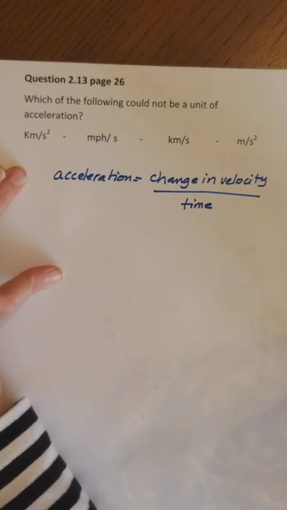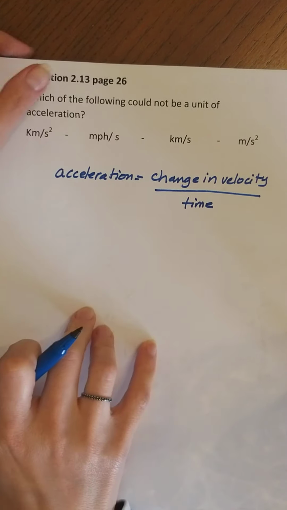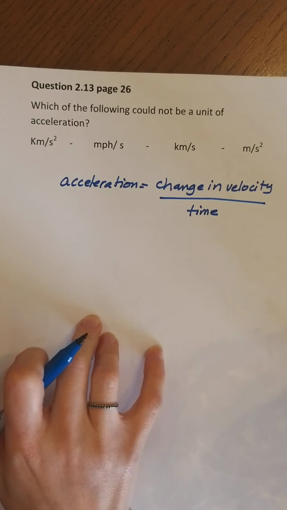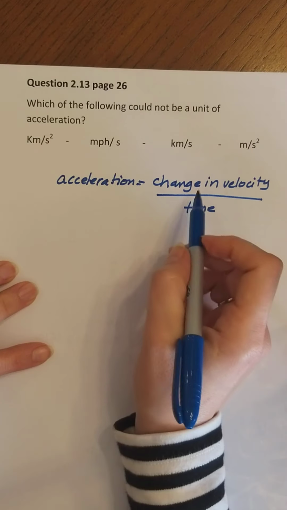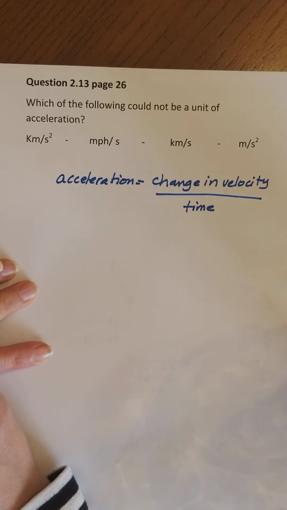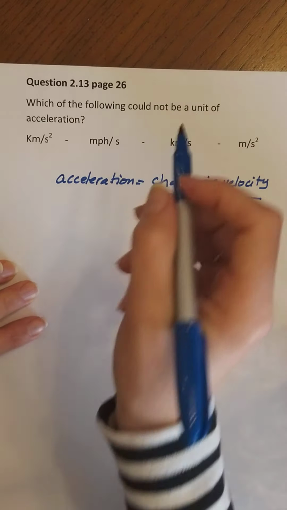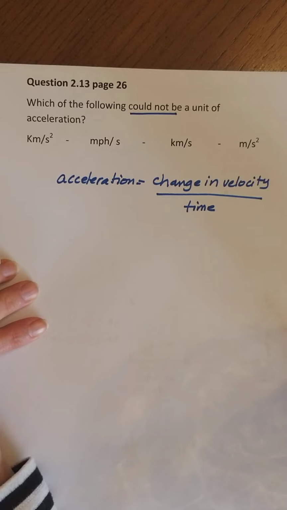We said that velocity is speed in a direction, so the unit of velocity is the same as the unit of speed. In order to have a unit of acceleration, we need to have a unit of velocity divided by a unit of time. Now the question wants us to know which of these could not be. So let's check each unit.